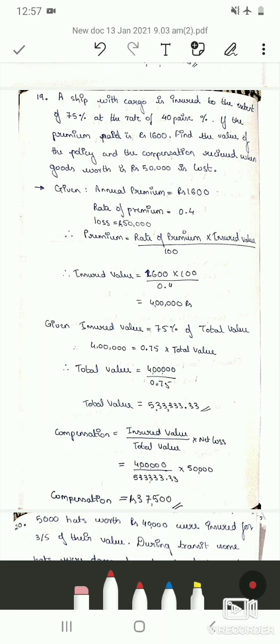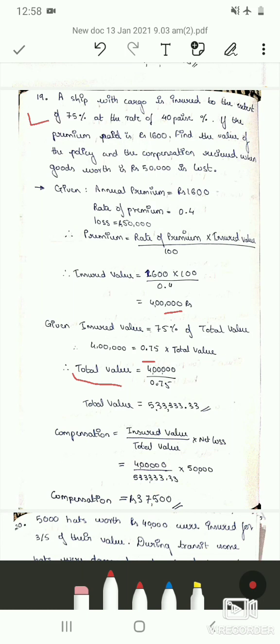Also in the question they have given 75% was insured, that is insured value is 75% of the total value. So we got the value of insured value, which is 4 lakhs. So let us substitute it. Therefore 4 lakhs is equal to 75 by 100, is 0.75, into total value.